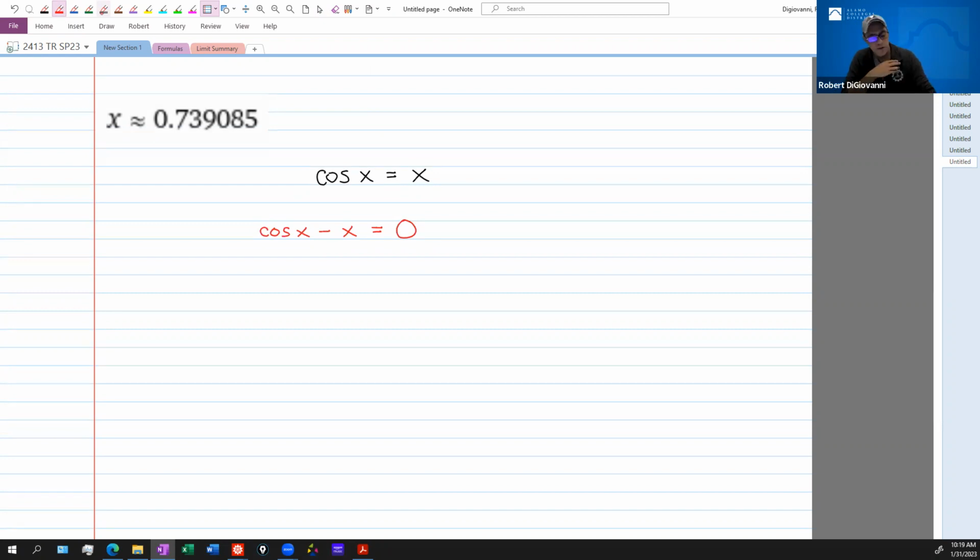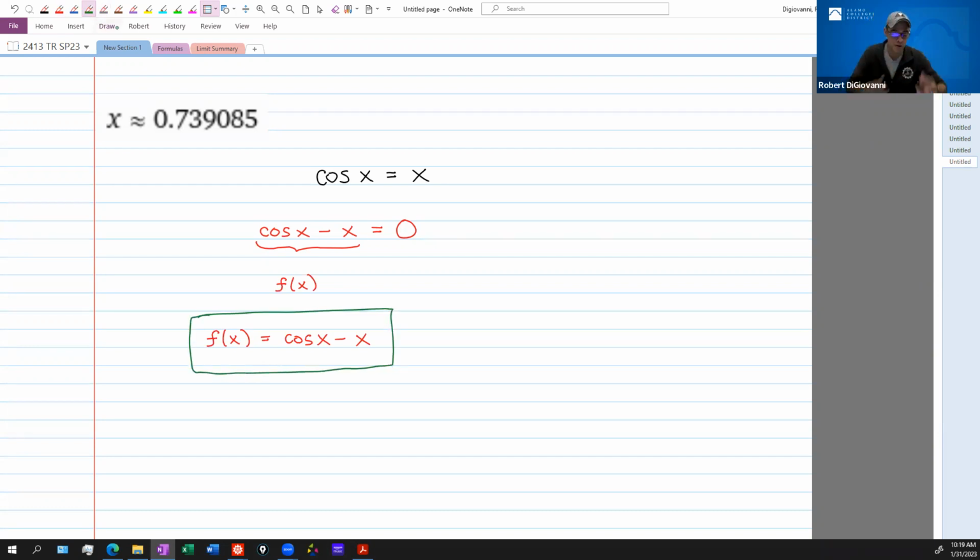Now I'm going to treat the left side of this equation like a function. I'm going to call that the function f of x. In other words, I am now defining this function f of x to be cosine x minus x. So let's say I had started off this problem and given you that function, and then asked you to set it equal to 0, which is really this step.